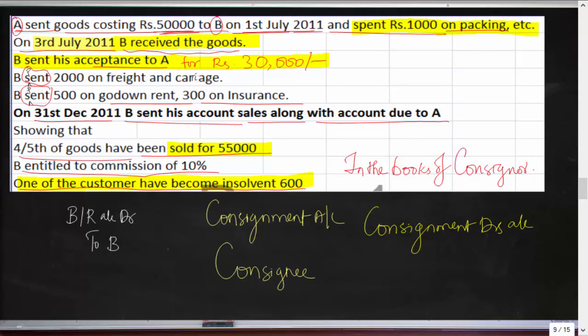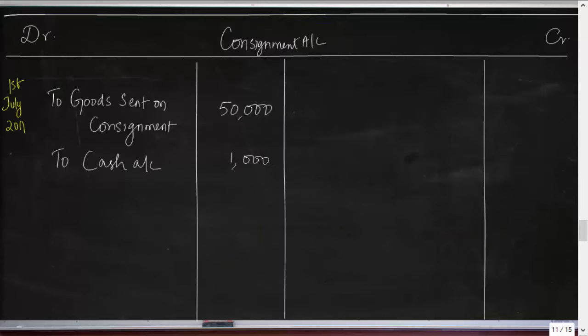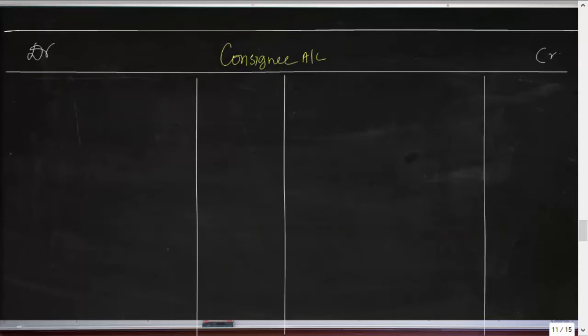In this case, it is B. So we have to go to consignee account and credit that account by this 30,000. So let's do that. We have here consignee account, and who is consignee? B, right? So here on credit we'll say by bills receivable, and what is the value? It is 30,000. So we have addressed that transaction.